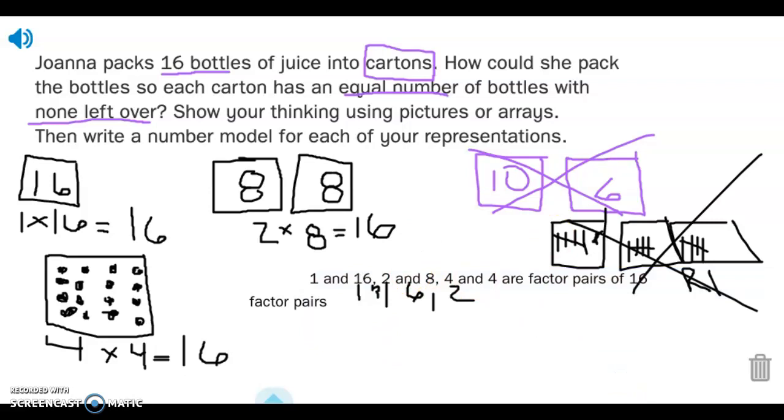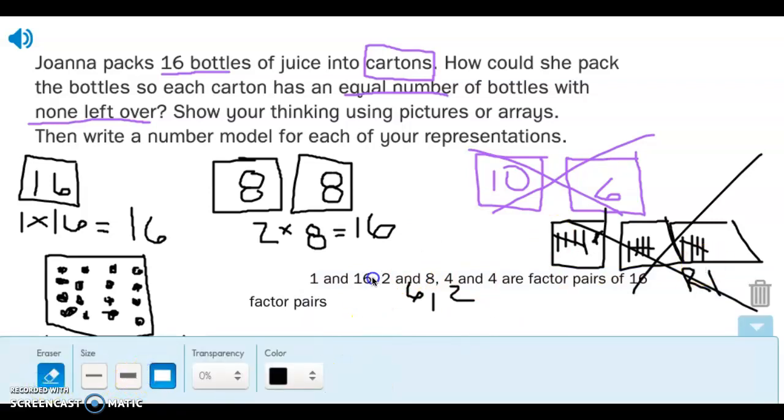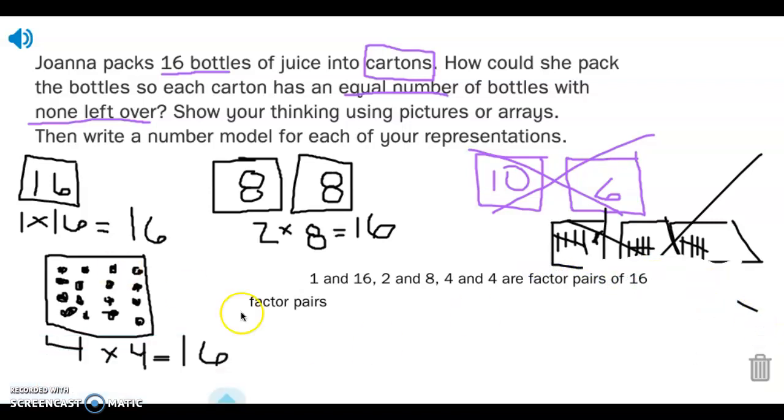So I want you to figure out, what does a factor pair mean based on the example I just gave you? Well, 1 and 16 is a factor pair because 1 times 16 equals 16. So it's a factor pair of 16.